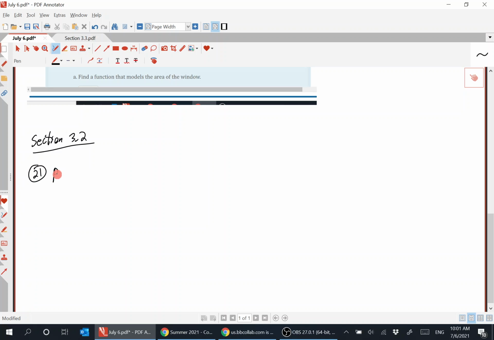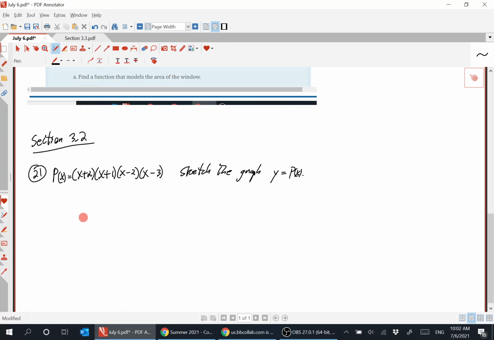So we have a polynomial function, p of x, equal to x plus 2, x plus 1, x minus 2, x minus 3. Okay, let's sketch the graph y equals p of x.